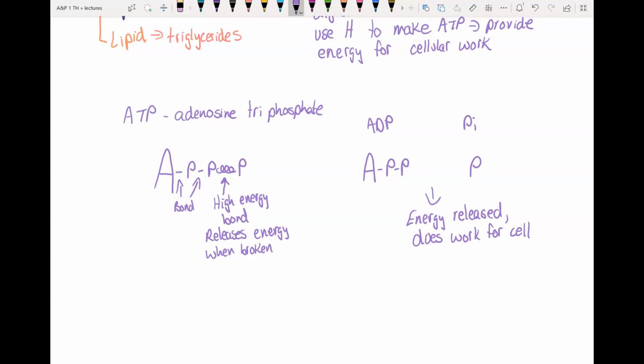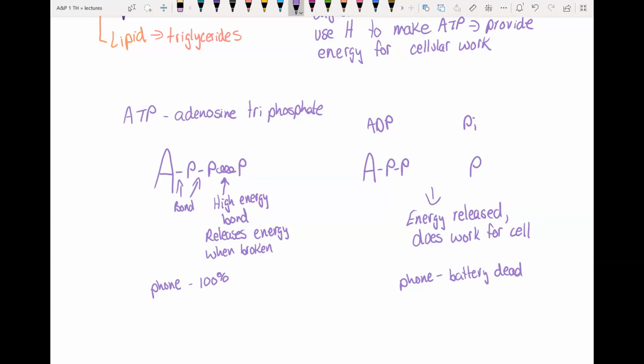Well, now you recycle. If you think of this like your cell phone, this is your phone after it's been plugged in, and your battery is at 100%. You are set, you are good to go. Then you use your phone. So now here is your phone, and you're getting that little red warning that says battery low. So this is your battery is dead. So what do you do at the end of the day when your phone's battery is dead? You don't just toss your phone in the trash. You plug it in and you recharge it.